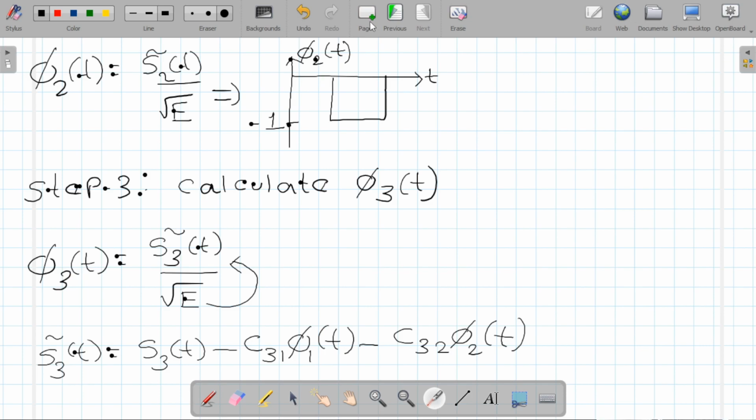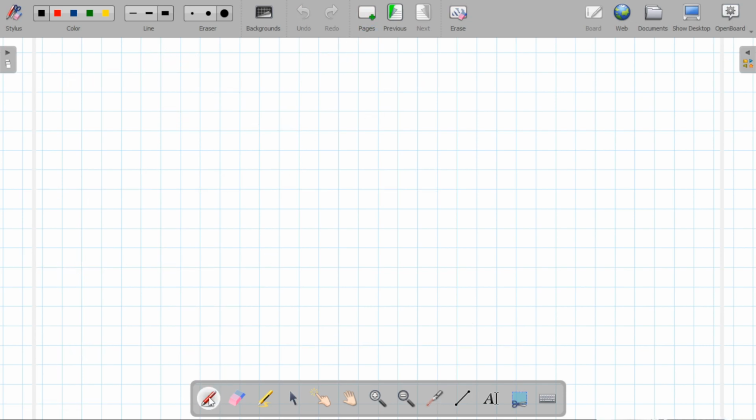Now we are going for our next page. Now we are going to calculate first of all the C31 value. So this is the integral from 0 to T of S3 of t into phi 1 of t into dt. This is what we get. Now, what is S3 of t?